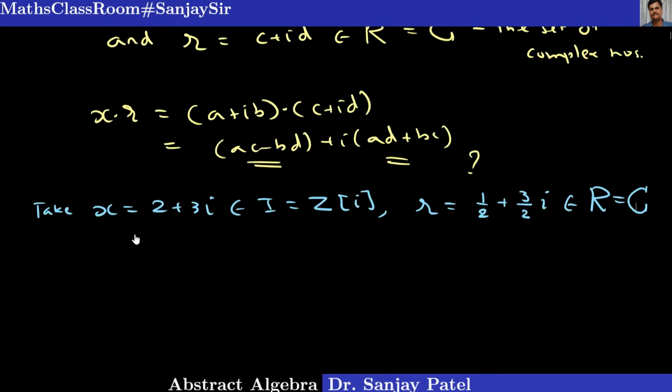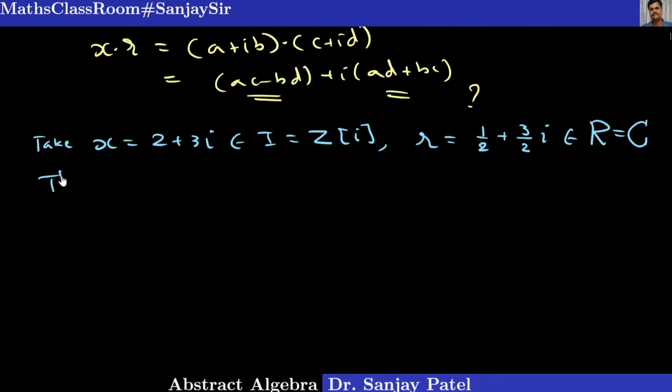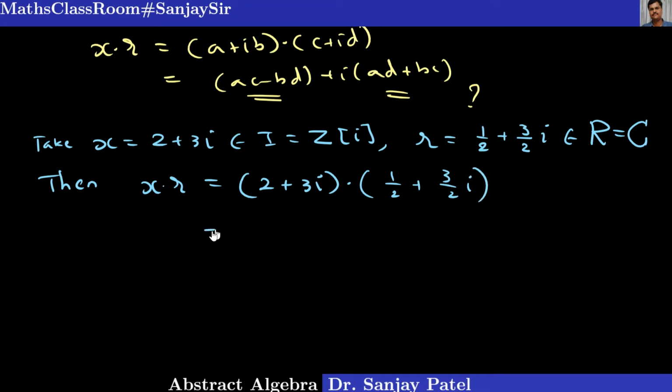Then if you find x into r, then x into r is 2 plus 3i into 1 by 2 plus 3 by 2 i, which gives you 1 minus 9 by 2, that is ac minus bd, plus i into 2 into 3 by 2, that is 3, plus 3 by 2.